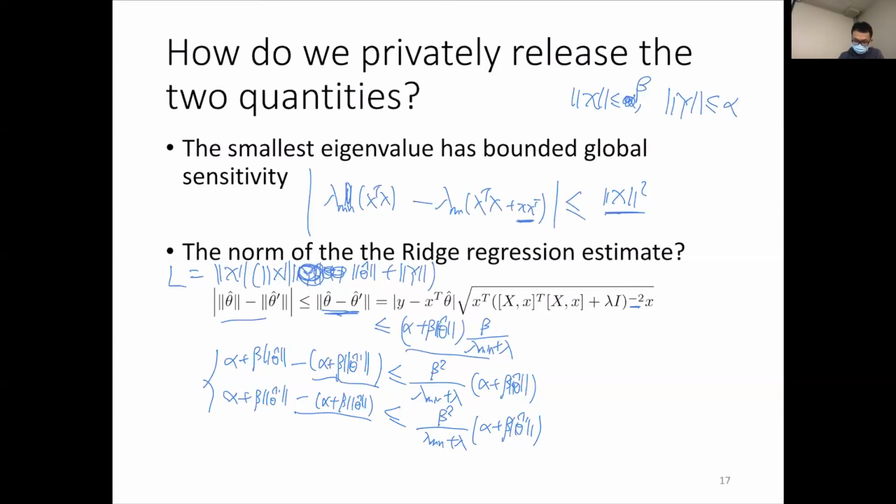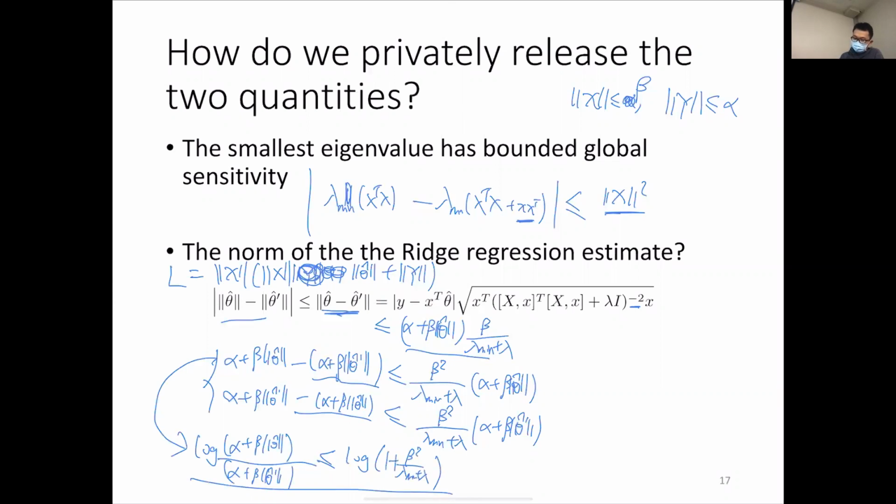So what we will get is the log of alpha plus beta theta hat over alpha plus beta theta hat prime, which is smaller than log of 1 plus beta square lambda mean plus lambda, right? So from the first inequality, this is what we have.